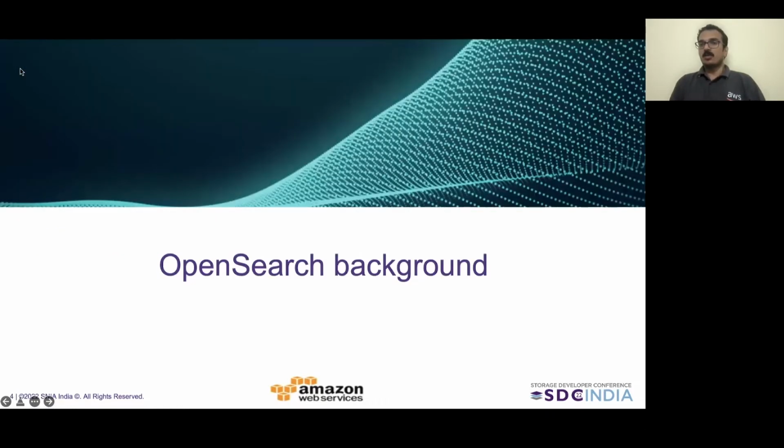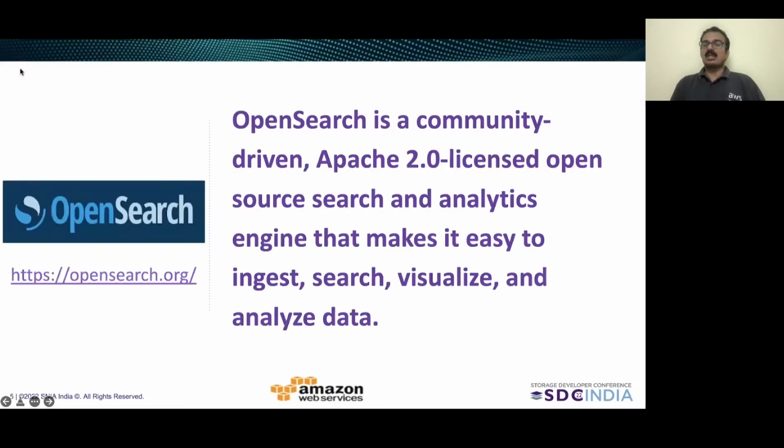Quickly going into the OpenSearch background. OpenSearch is a community-driven, Apache 2.0 licensed open source search engine, which can be used for both text search and log analytics. It's very easy to ingest data and search, visualize, and analyze your data once the data is indexed.